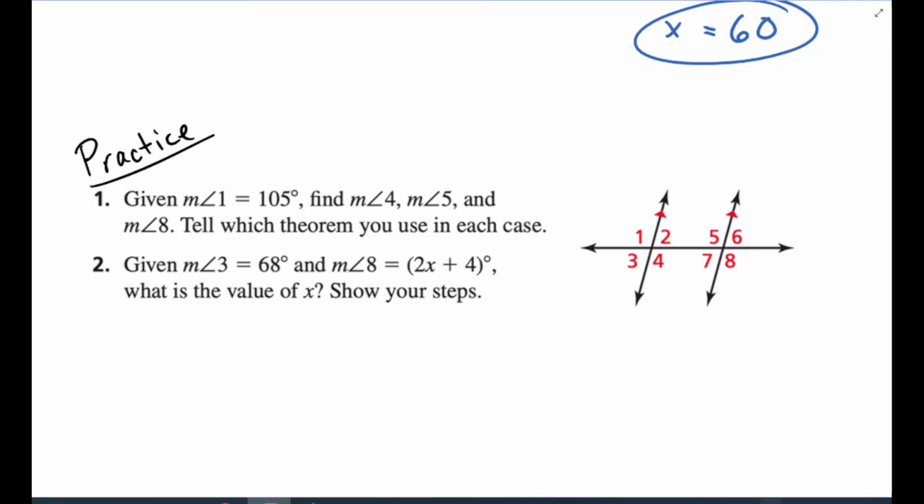Now, angle 8, we could say is also 105 degrees because it is a vertical angle with angle 5. However, we can also say that it is an alternate exterior angle with angle 1. Either way works. And for number 2, your value of x should be 54.